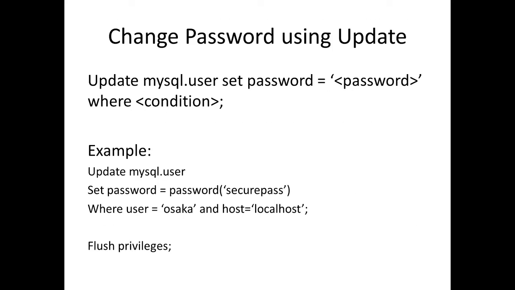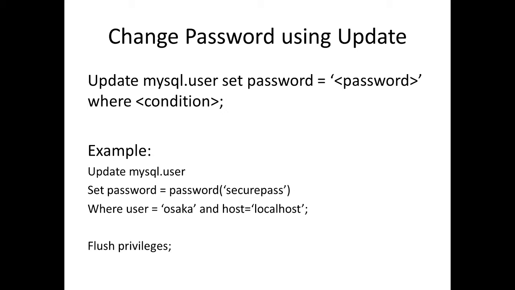So let us take a look at how to change the password. To change the password using update, the syntax is update mysql.user set password equal to the password. We should place the where condition, because if we don't, then all users may have the same passwords.